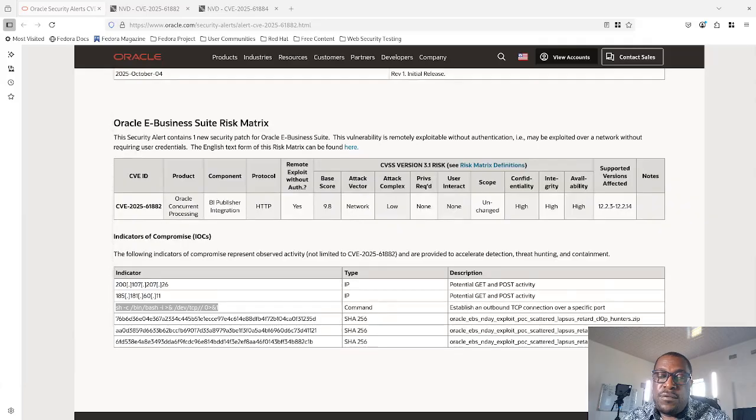Also, there is need for proactive threat hunting using the indicators of compromise (IOCs) from the Oracle website, which is a very valuable resource. Organizations should actively use these indicators to scan their networks and systems for signs of compromise, even after applying the patches.